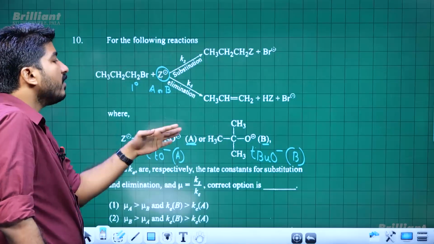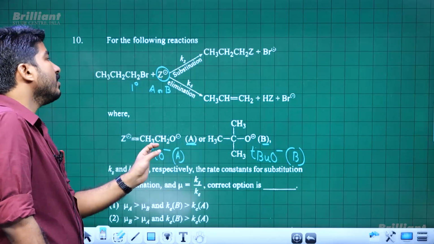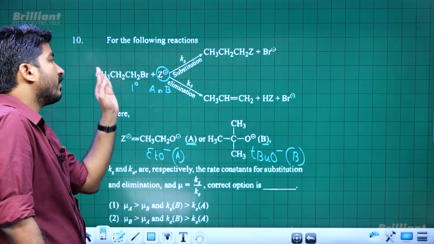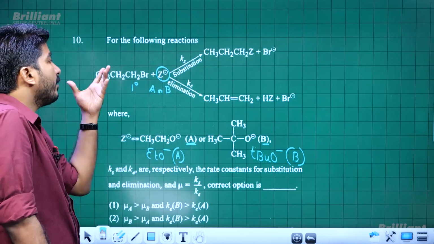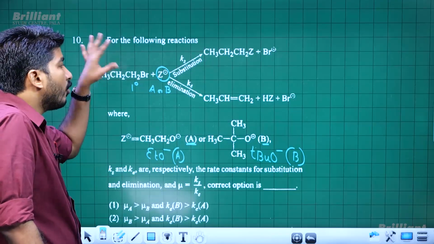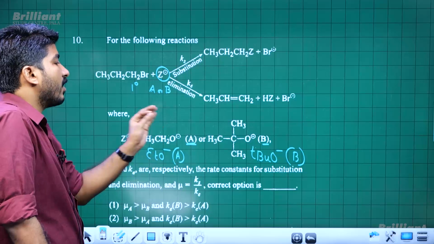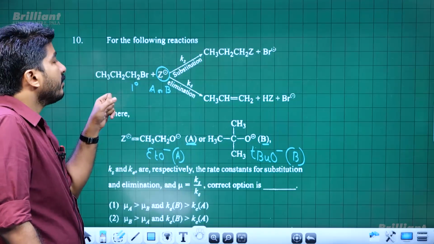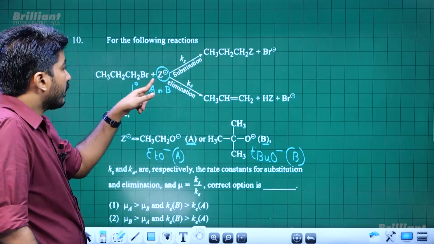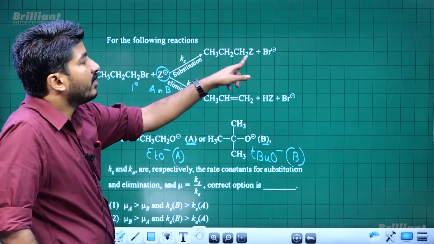In both cases, you can easily predict that the major product will be the SN reaction product, that is, ethers, because this is a primary haloalkane with very low sterics, and primary haloalkanes with alkoxides show SN2 reactions. Now let's compare the two cases. If this is doing nucleophilic substitution, then we get an ether like this.